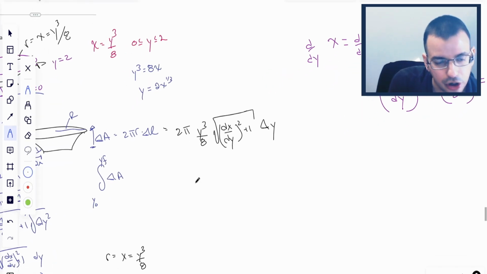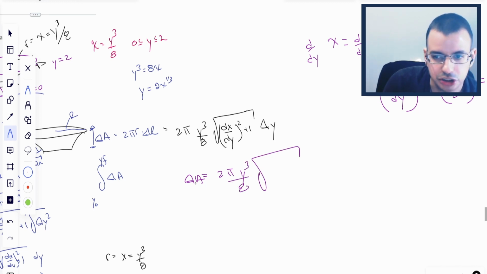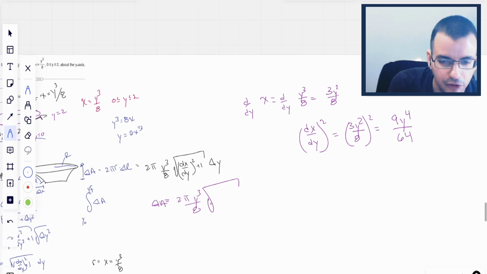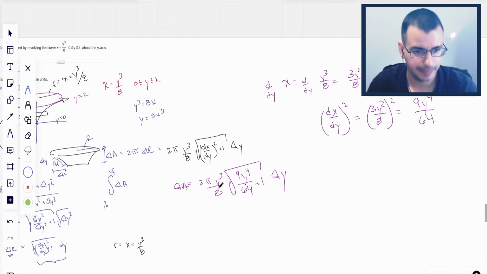So now our integral, our dA equals 2 pi y cubed over 8 times the square root. I know this looks messy. Hopefully it'll clean up a little bit. We will see. 9y to the 4th over 64 plus 1 dy. Okay, we got this.